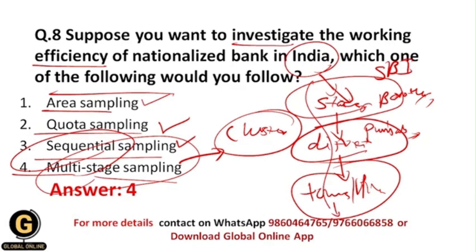So here the researcher is sequentially selecting the samples. All of you getting? And that's why your correct answer here should be 4, that is, the multi-stage sampling technique.